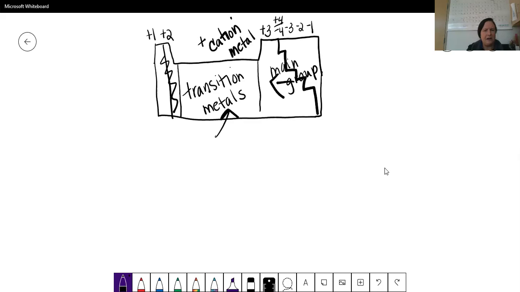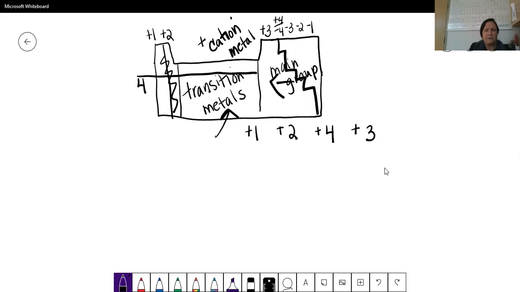So they're going to give up electrons. Now, they're interesting because they're very fluid with their electrons. And sometimes they give up 1 electron, sometimes they give up 2 electrons, sometimes 4 electrons, sometimes 3 electrons. Now, say we're in the 4th energy level right here.